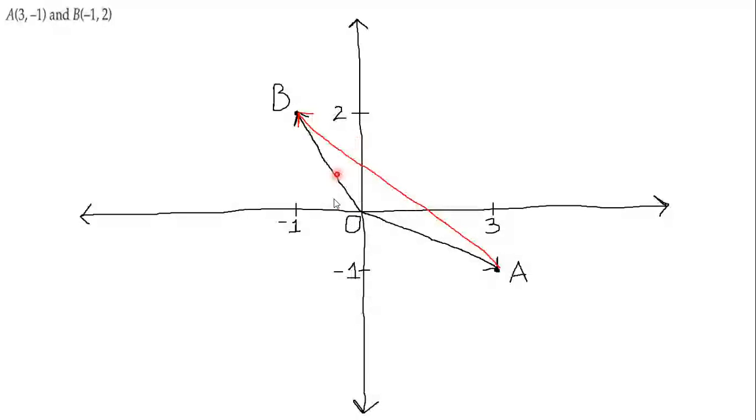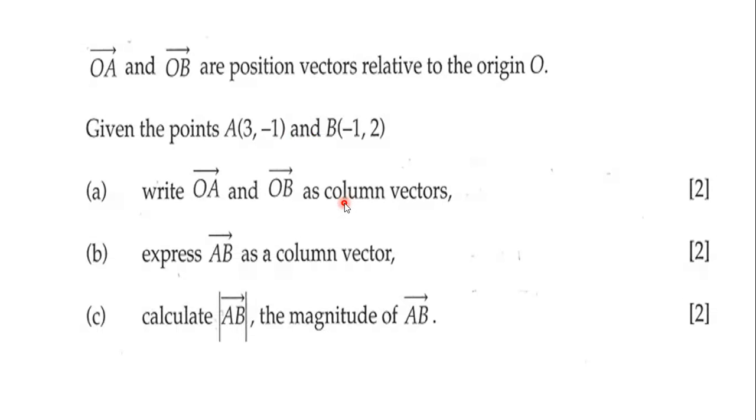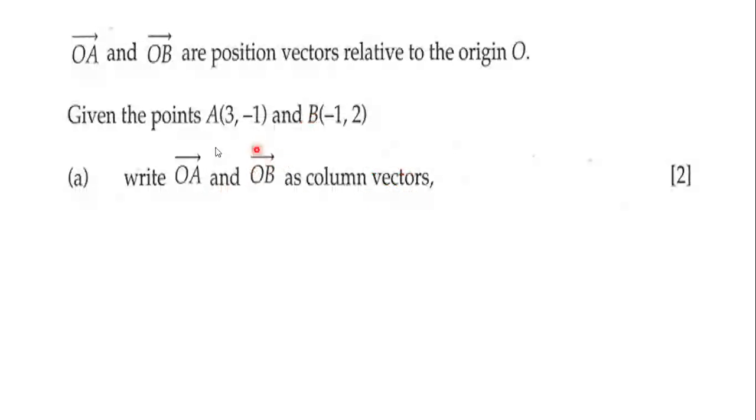Now we have here a pictorial representation of the vectors OA and OB. But they're saying no, we don't want a pictorial representation. What we want is column vectors. So how would we go about doing that? We want to write OA as a column vector and OB as a column vector.